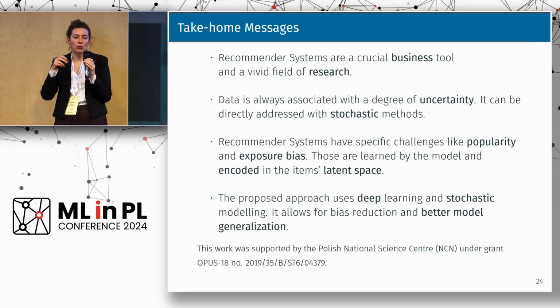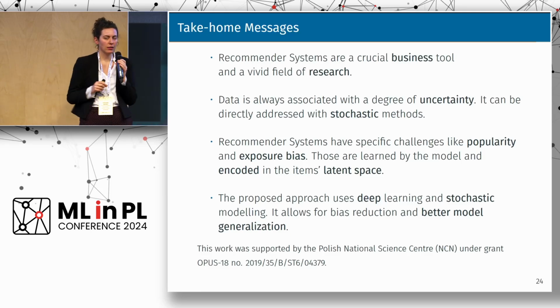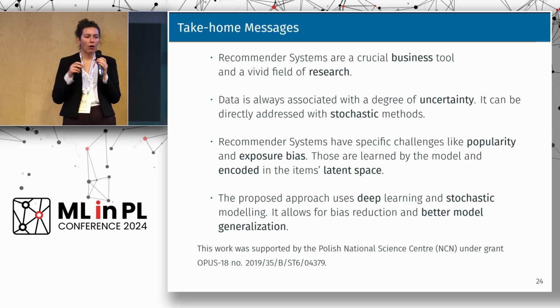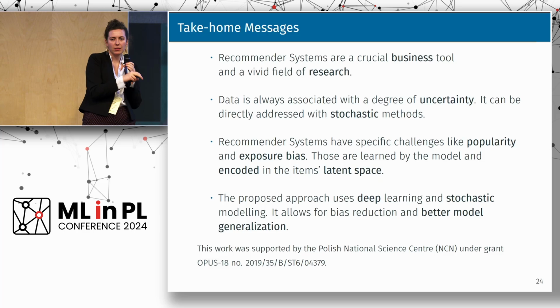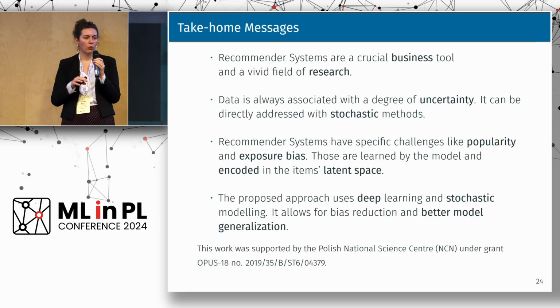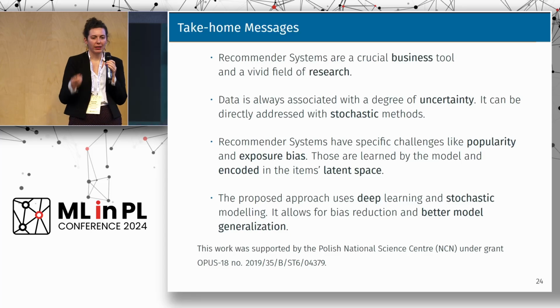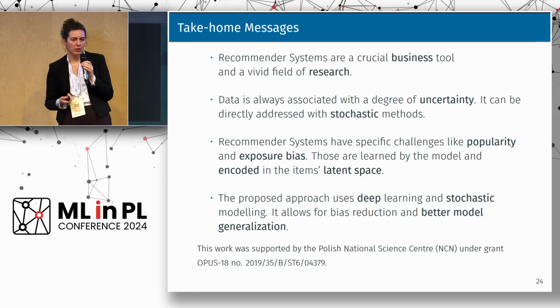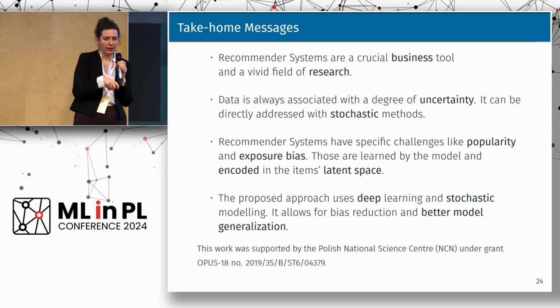And using these hybrids of deep and stochastic models allowed us for better model generalization. And all the noising, which I have provided here, is done in the latent space. So we can work on some mathematical representations of the items without touching the data directly.